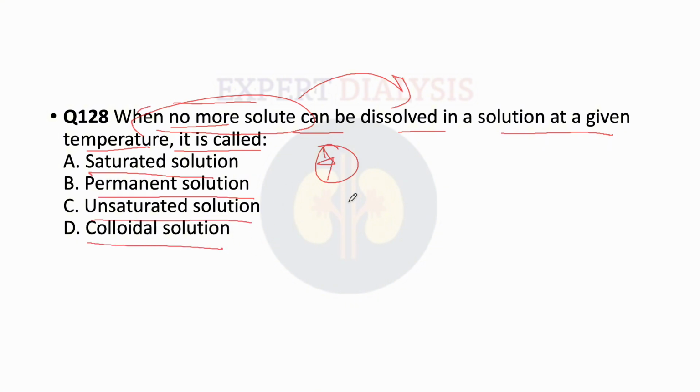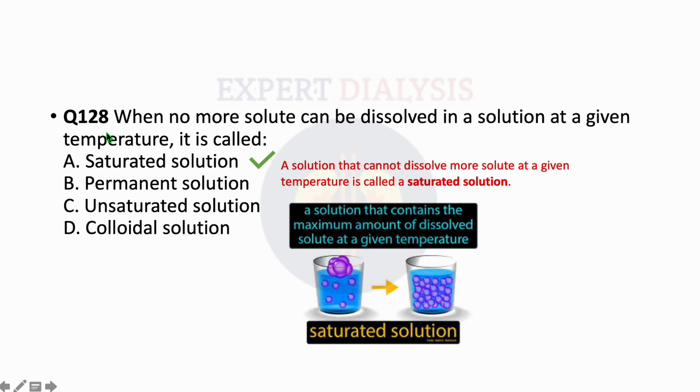This question is from very basic science, and the right answer will be saturated solution. It is now saturated and we cannot mix anything else. A solution that cannot dissolve more solute at a given temperature is called a saturated solution. A solution that contains the maximum amount of dissolved solute at a given temperature is known as a saturated solution.